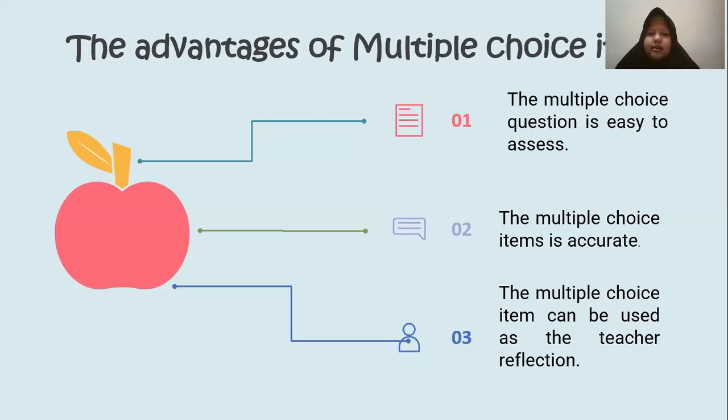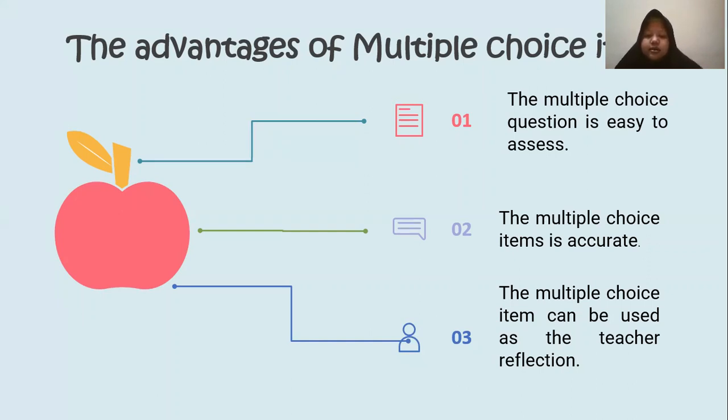And then these are the advantages of multiple choice items. The first advantage is the multiple choice question is easy to assess. It is because the teacher only needs to give 1 point to the correct answer and give 0 points to the incorrect answer.